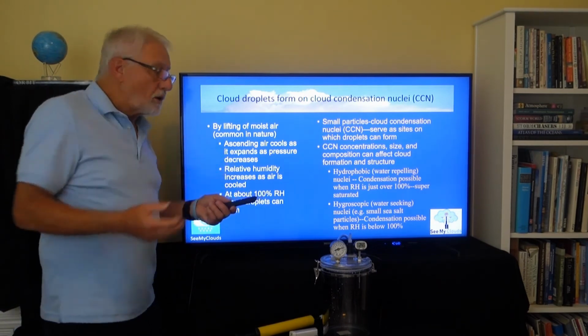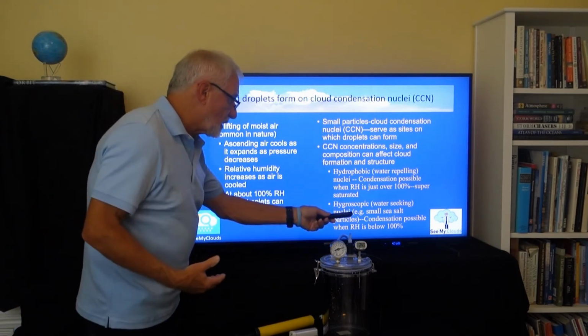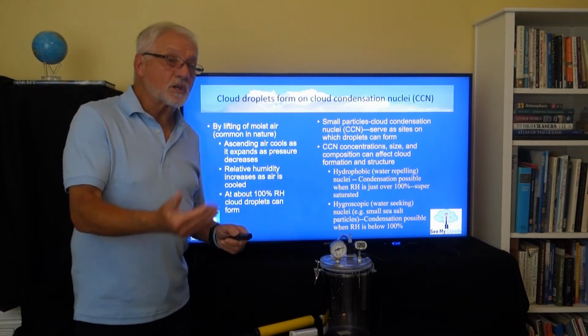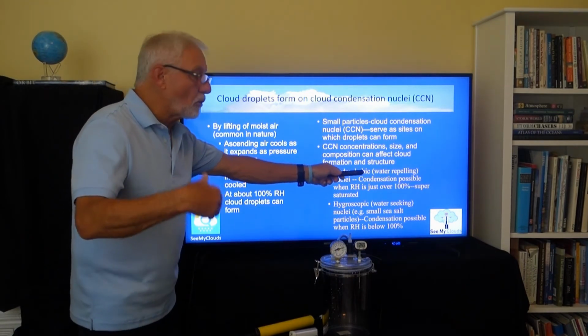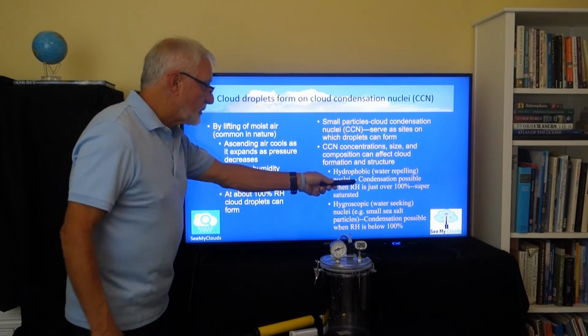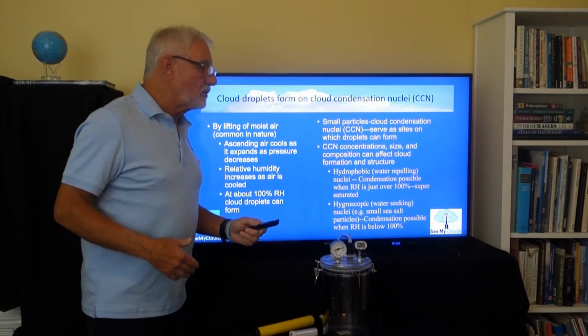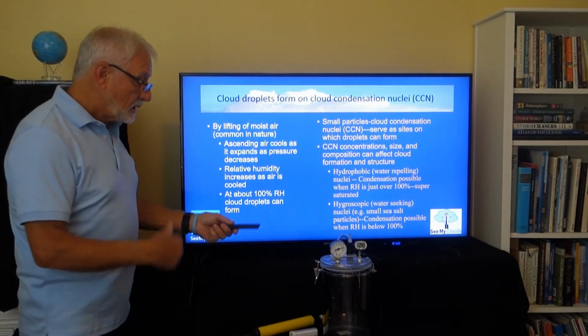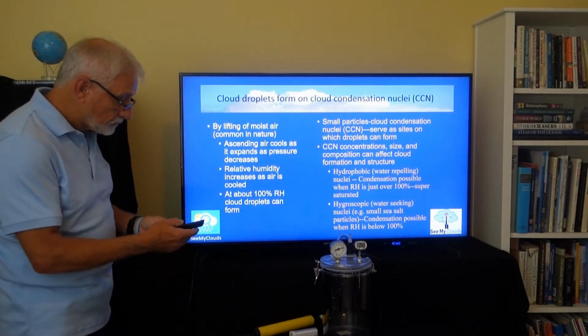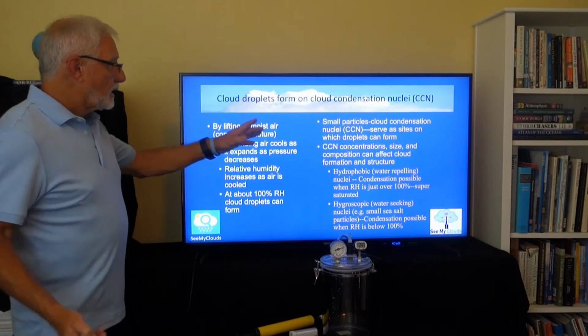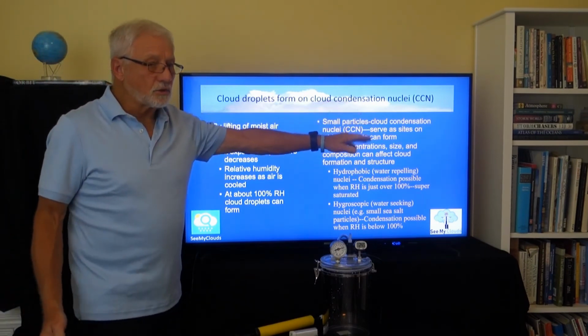So we know that the salt is water seeking. As a nuclei, it's much more efficient than other nuclei which might be more water repelling. And there the condensation will occur when we have a relative humidity which is over 100%. So that's pointing out the role of the cloud condensation nuclei.